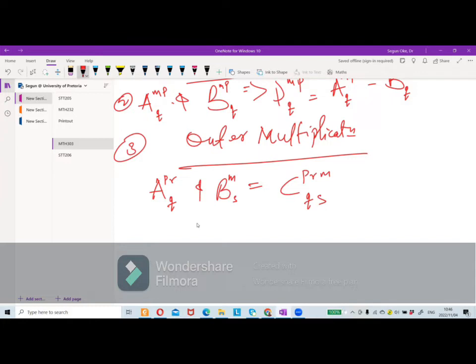Do you understand what they did here? Yes, sir. So what we are saying is, which implies equals to A PRQ, don't put dot so that they won't think it's dot you are talking about, multiply by B MS. So they match everything together from the law of indices in that case.